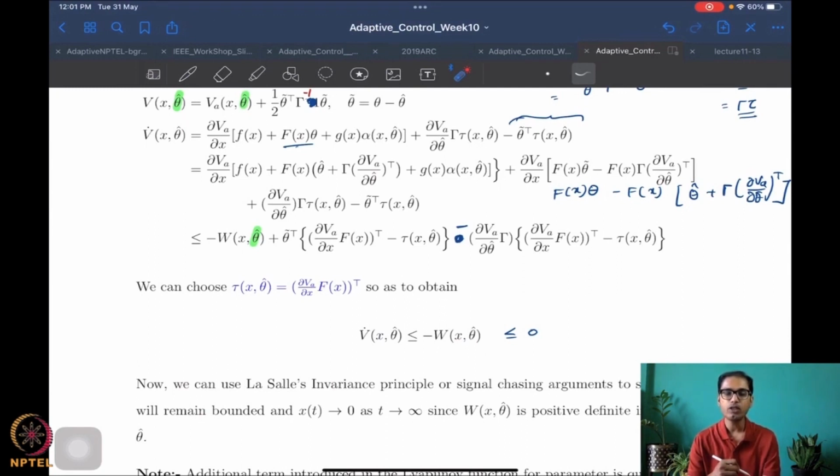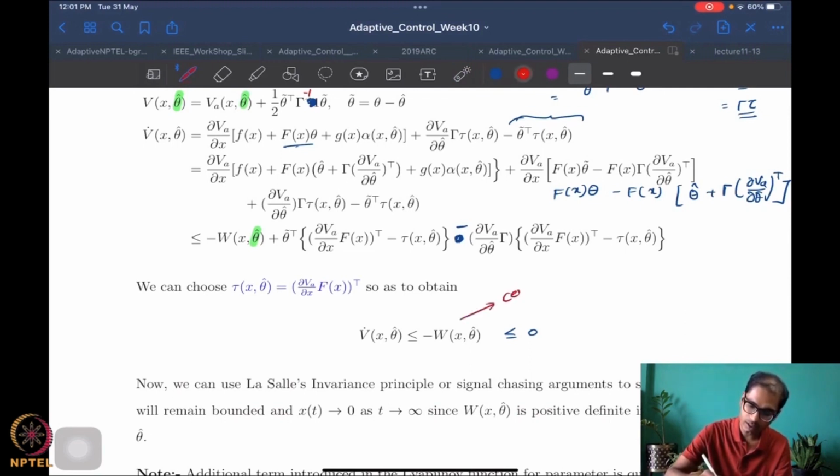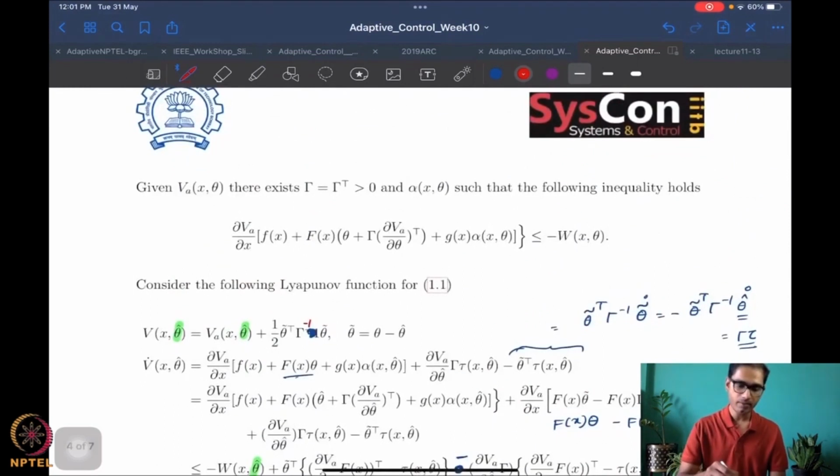But we know that it was definite if this wx theta cap was certainly definite in x, right? Otherwise I cannot claim this to be negative definite, right? If it is not definite in x, then this is not negative definite, and that would be ridiculous because that is what it means to have an ACLF, right?